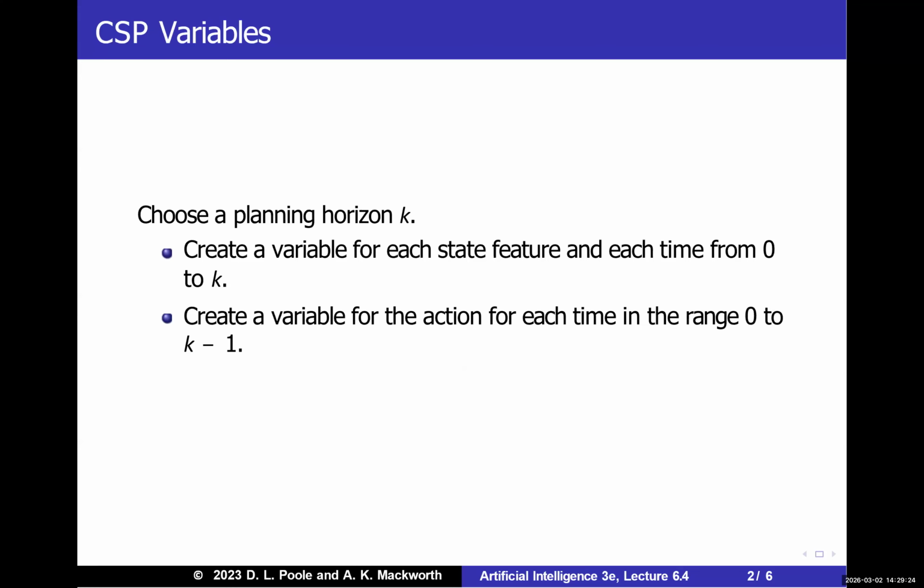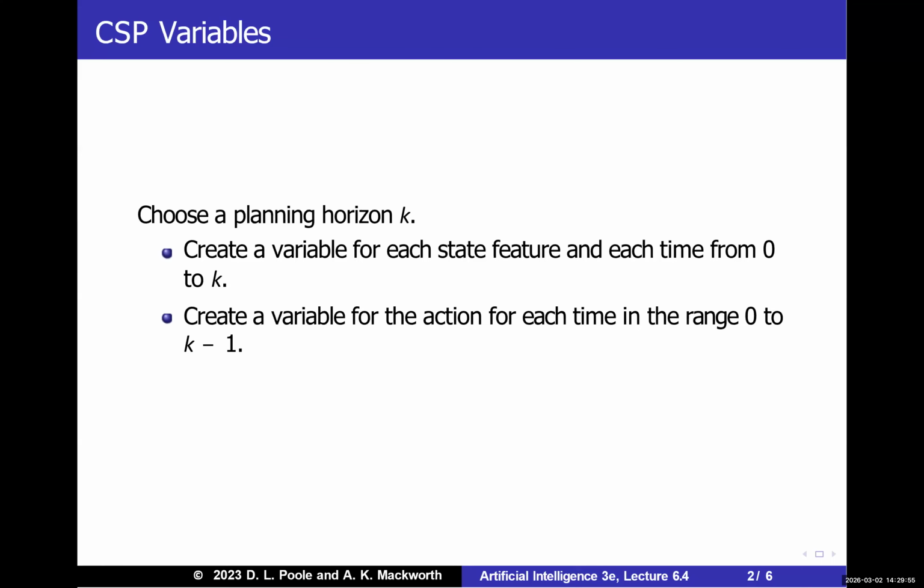And to encode planning as a CSP, we first choose a planning horizon, which we'll call K. This represents the number of time steps in our potential plan. For each time step from 0 to K, we create variables representing each state feature. These variables capture how the state evolves over time. For each time step from 0 to K minus 1, we also create a variable representing the action executed at that time.